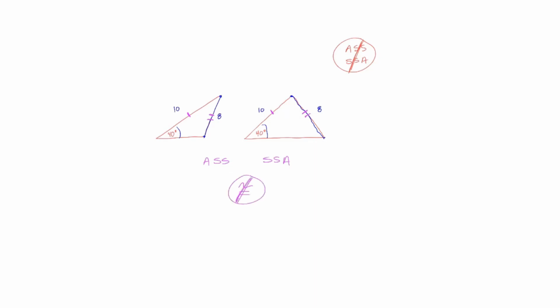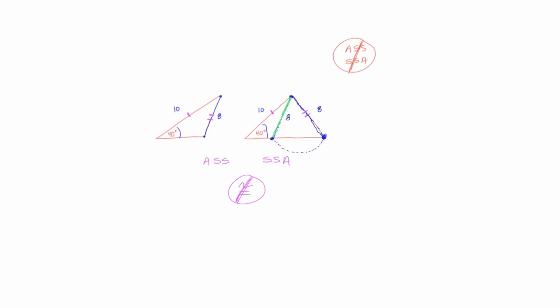If you want to visually look at it, this 8 from this vertex can point to here, but I could also sketch it and move it to here, and I could also fit that 8 side here and make another triangle with it, and that's why this side side angle rule is not something we can use as our rule of congruence.